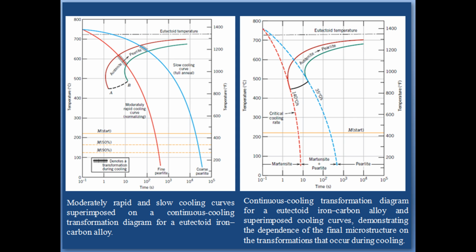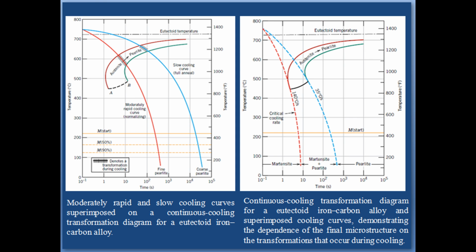This critical cooling rate, when included on the continuous transformation diagram, just matches the nose at which the pearlite transformation begins, as illustrated in the figure. The figure also shows only martensite exists for quenching rates greater than the critical one.